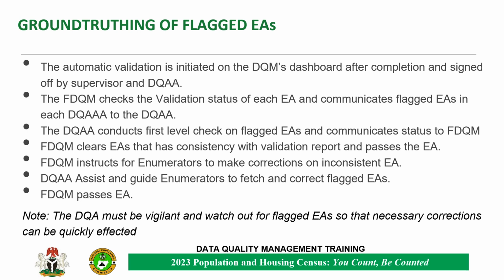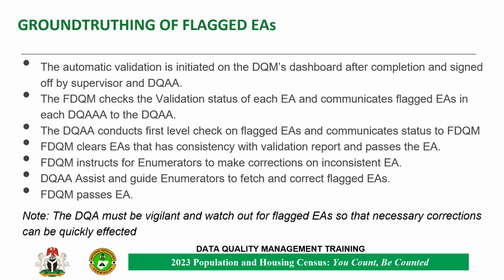So once an EA is marked completed by the supervisor and data quality assurance assistant, it goes to the FDQM, it goes to our DQM dashboard, and once it is entered the automatic validation process is initiated. And then the FDQM checks the validation status of that EA.